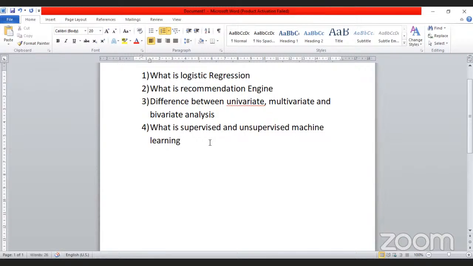When we have data, we have two types of data. In one, we have labels, and in the other, data without labels. What is a label? A label means we have an output in our data. With the help of that output, we can predict our future outcomes.